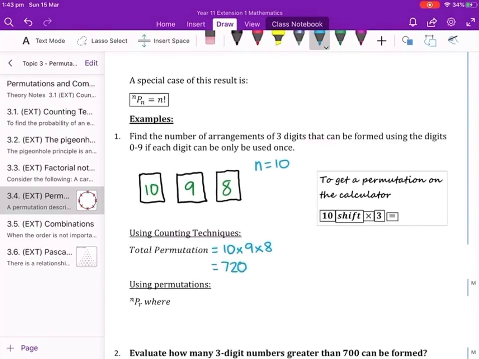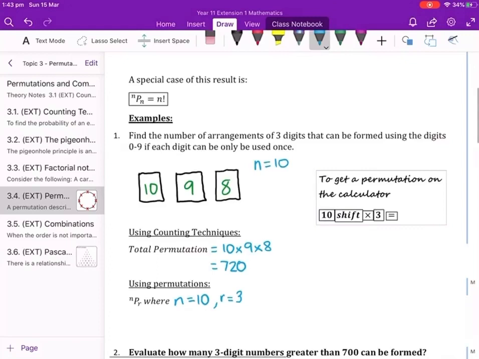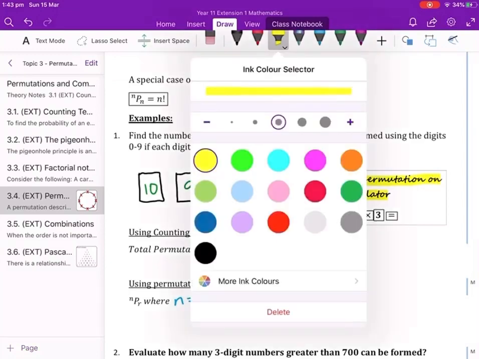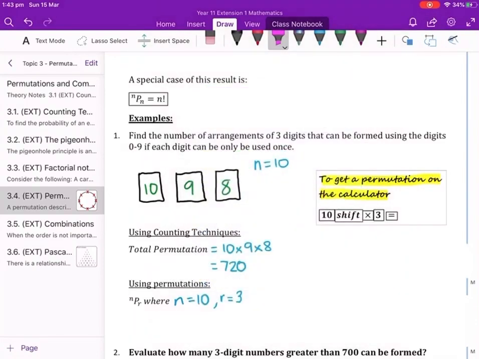However, using permutations, nPr, we can say that n equals 10 and r is how many we're picking, so how many digits we want to put into places, and so we have 3 digits. We can do this on a calculator. To get a permutation on the calculator, we use shift times.